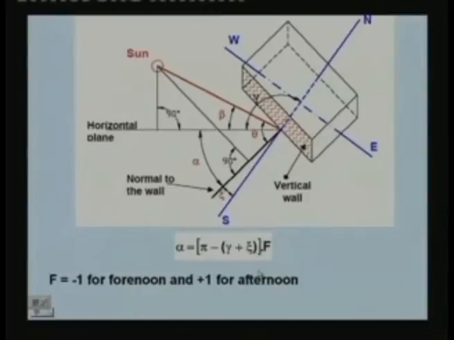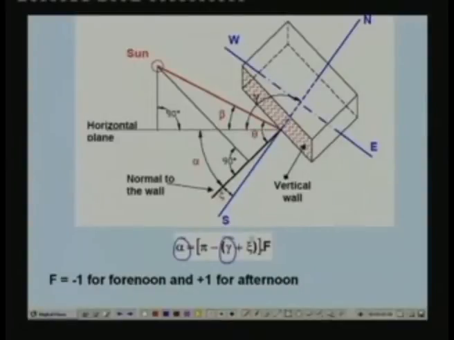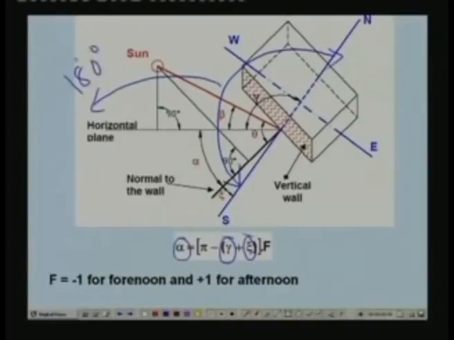Now, you can find a relationship easily between alpha, that is the surface solar azimuth or wall solar azimuth angle alpha, the solar azimuth angle gamma, and the surface azimuth angle zeta. Okay, so if you look at this picture, this total angle is 180 degrees. So 180 degrees is equal to gamma, that means this angle, plus alpha, that means this angle, plus zeta, for this particular case.